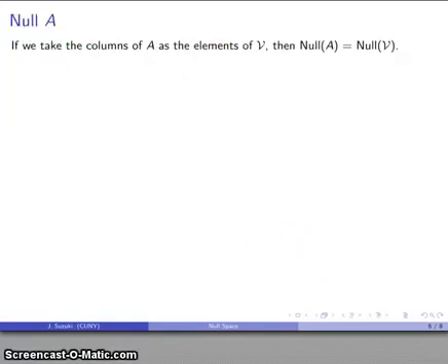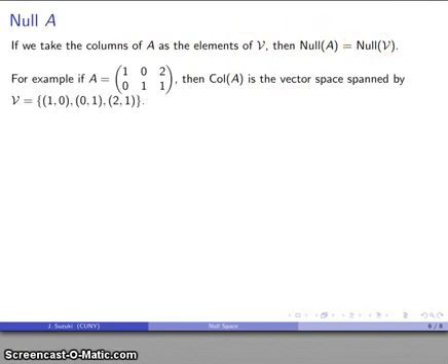Now, let's take a slight change in viewpoint. If I take the columns of some matrix A as the vectors in our set, then the null space of the matrix A is going to be the same as the null space of this set of vectors V. So if I view our original vectors (1, 0), (0, 1), (2, 1) as column vectors and produce some matrix A, then col A is the vector space spanned by these vectors.